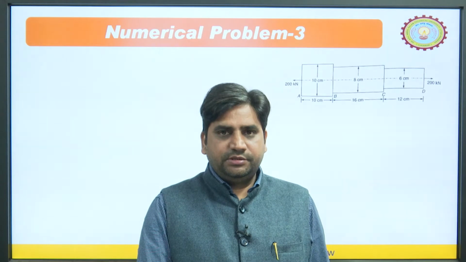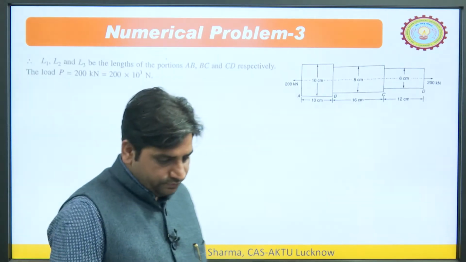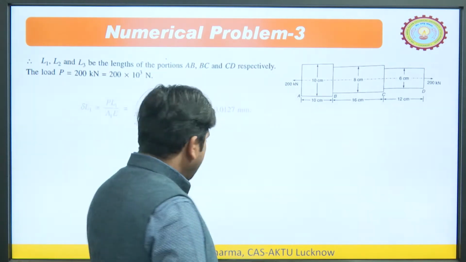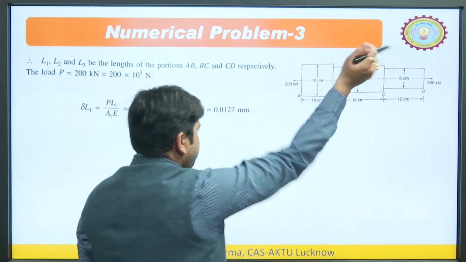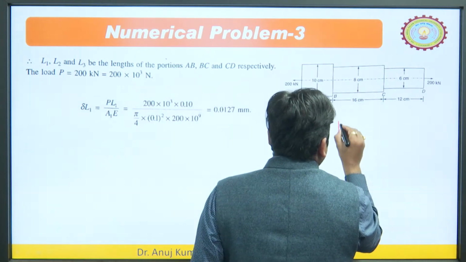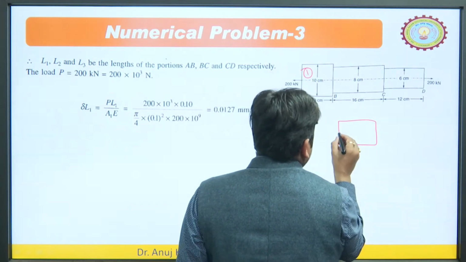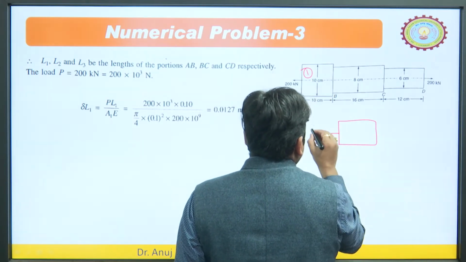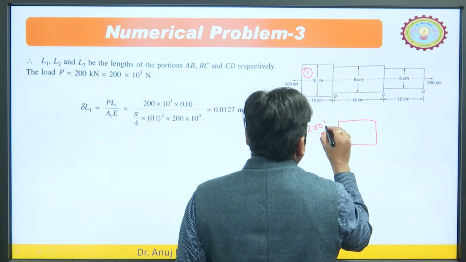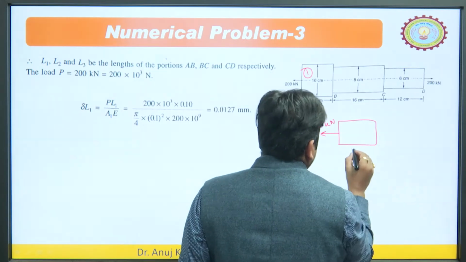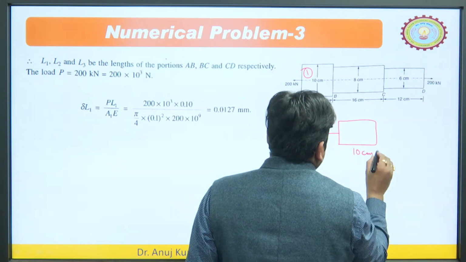So, let us solve it. What we can do, we can draw this first rod. Let us say we separate these out and draw the free body diagram. So, this is 200 kilonewton, this is 10 centimeter, right.